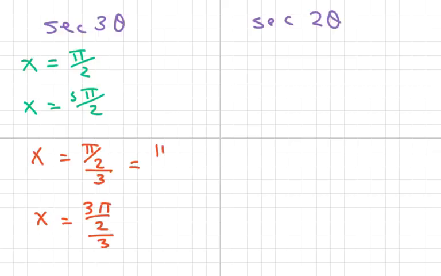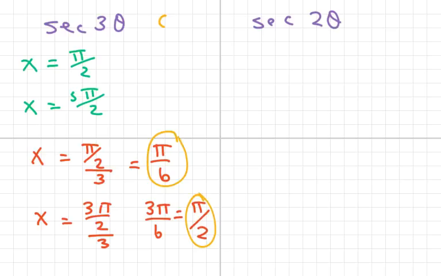And what you get is pi over 6 and 3 pi over 6, which is just pi, well, I'll just write it out, which equals pi over 2. Both of these work because we want our new secant line to be between 0 and pi for both of these.